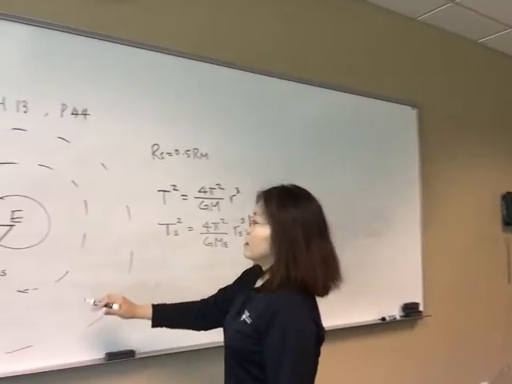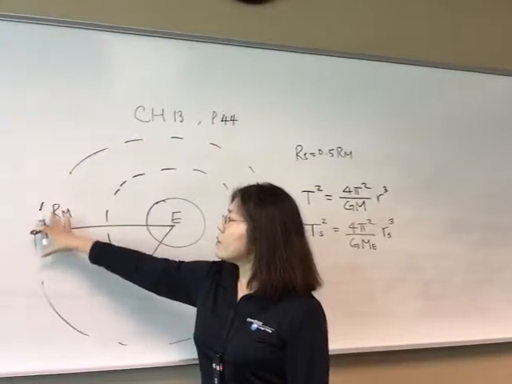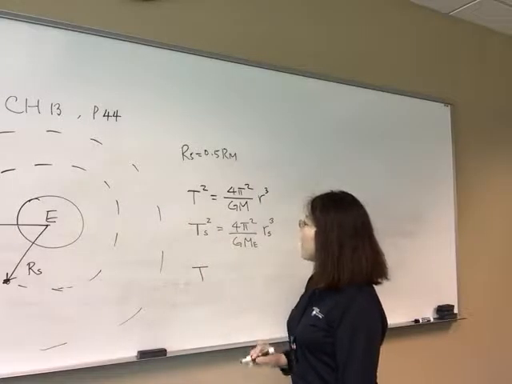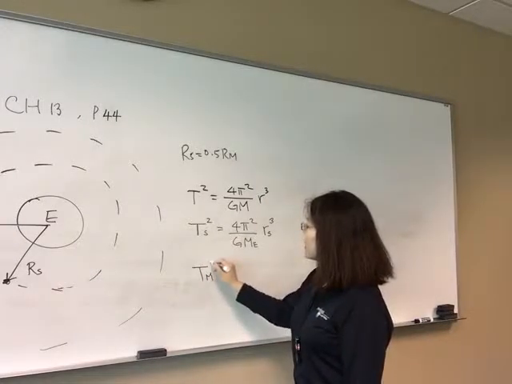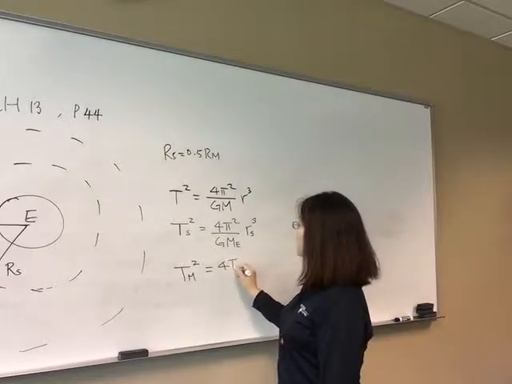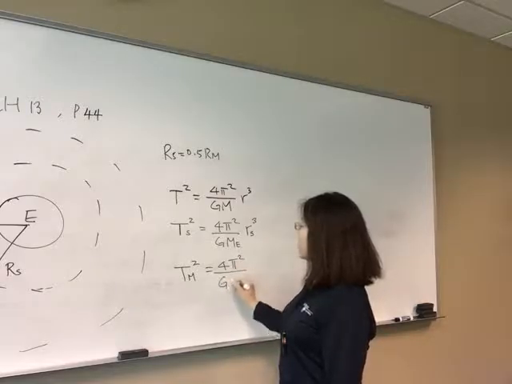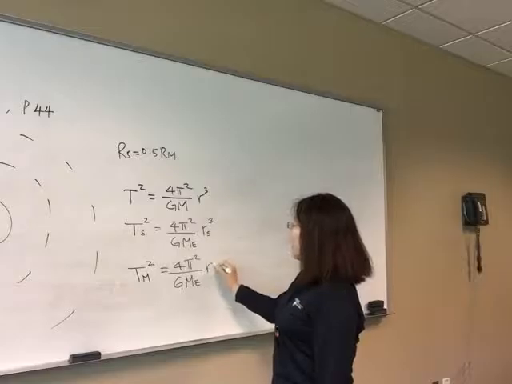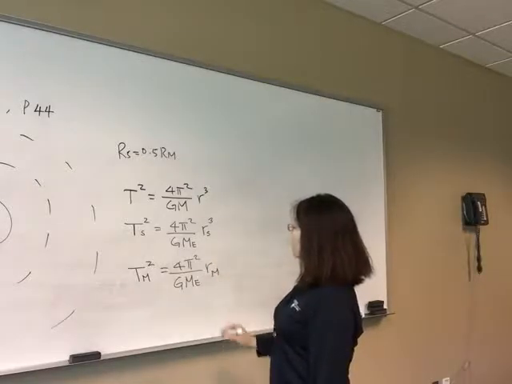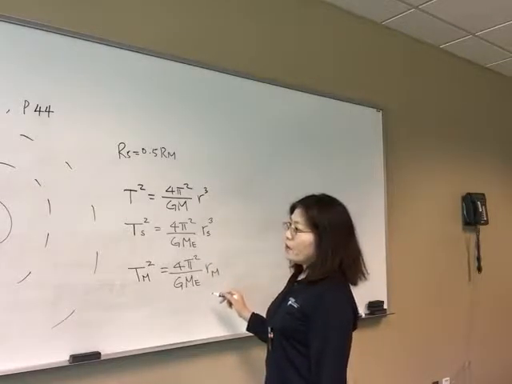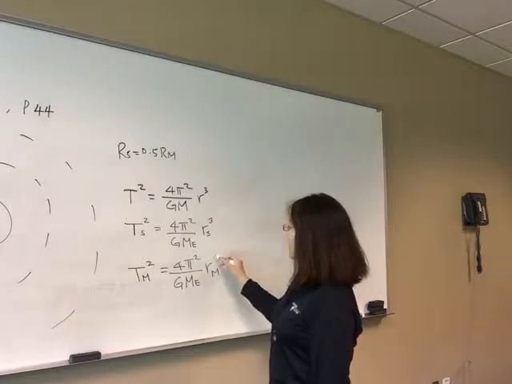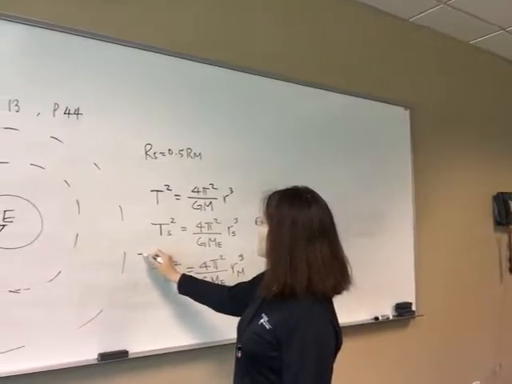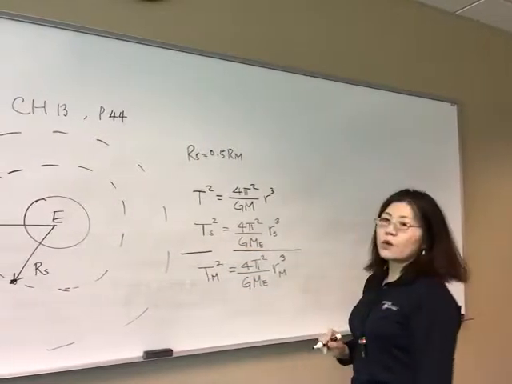Simultaneously, we have the Moon that's also orbiting around the Earth, so you can write a similar equation. The period of the Moon squared, Tm squared, is equal to 4 pi squared over G, with the same mass of the Earth, times Rm, the radius of the orbit of the Moon, cubed. So we can manipulate the equations a little bit.